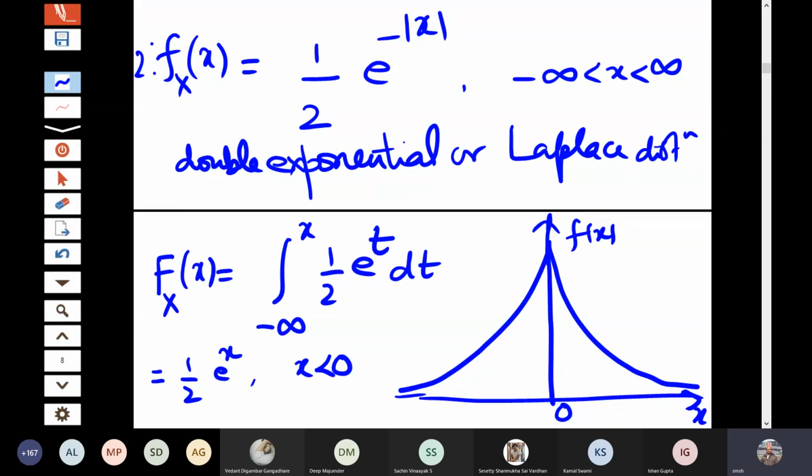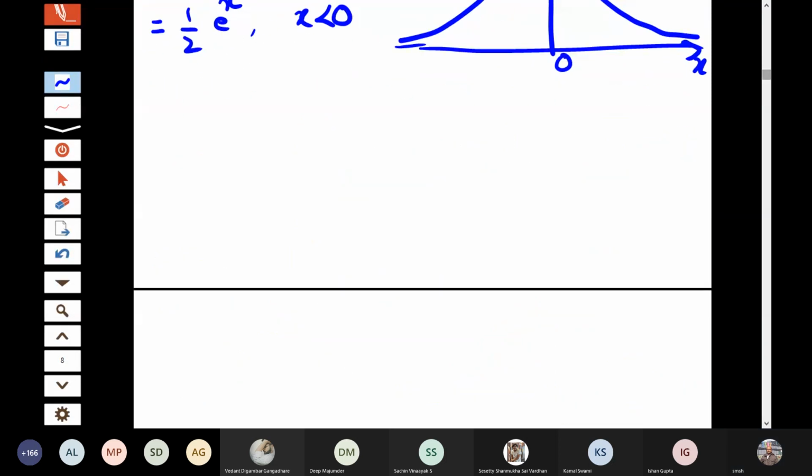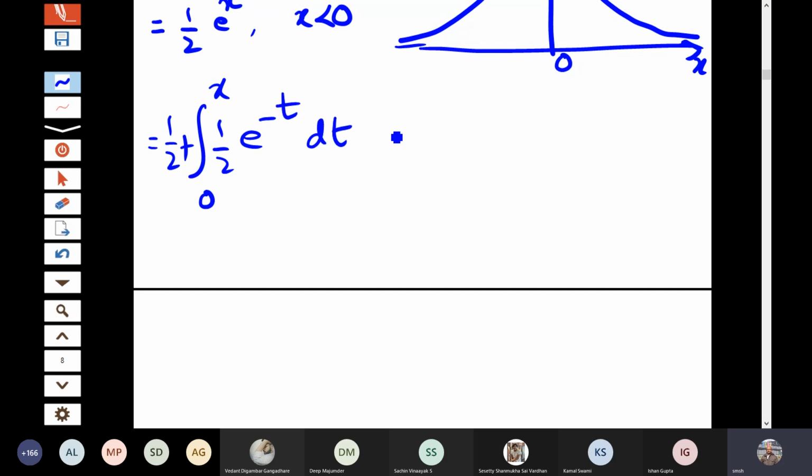Then if x is greater than 0, it will become half plus the integral from 0 to x of half e to the power minus t dt. This we can again evaluate easily. It is half minus half e to the power minus t, from 0 to x. At 0 this will become 1.